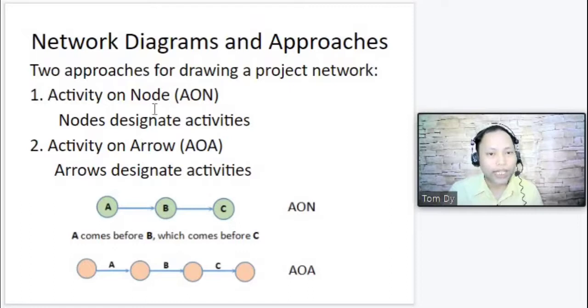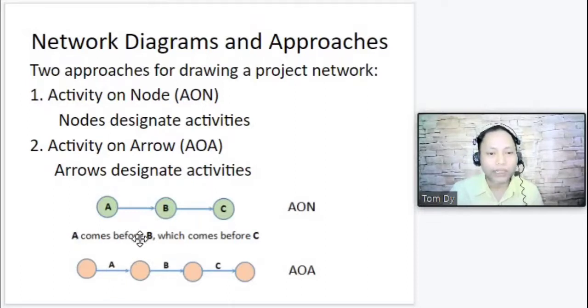Another approach is the activity on arrow, or AOA. Arrows designate activities. We have this as an example of an AOA. This is our activity, which is an arrow. That is why we have activity on arrow. So arrows designate activities.